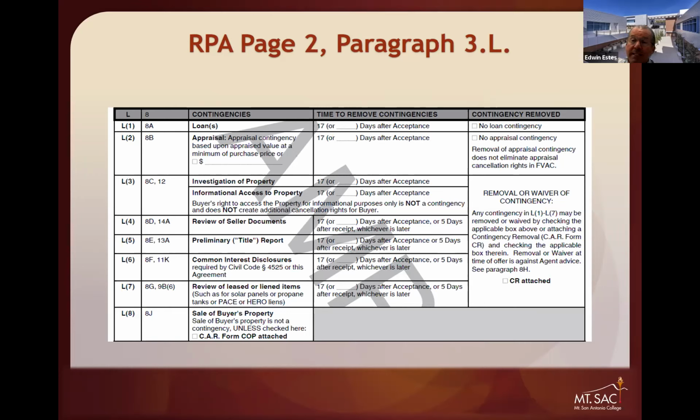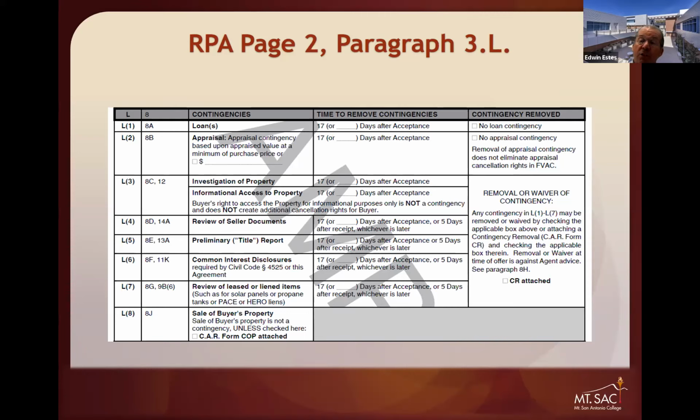So if the seller gives a late disclosure, let's say they give a disclosure on the 15th, then the buyer's going to have until the 20th to release their contingency on that particular disclosure, because it's 17 days from acceptance or 5 days after receipt, whichever is later.